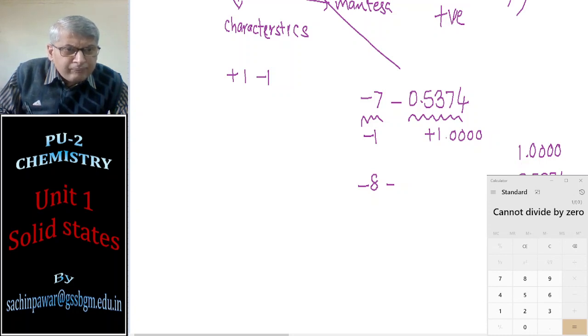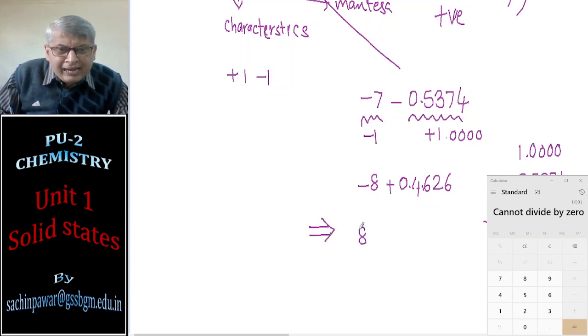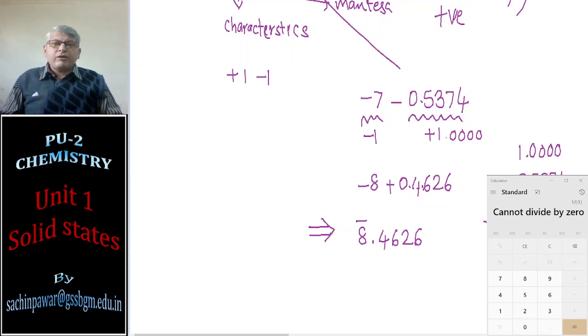So I have got a positive figure. So this is plus 0.4626, and now I can write this as bar 8.4626.